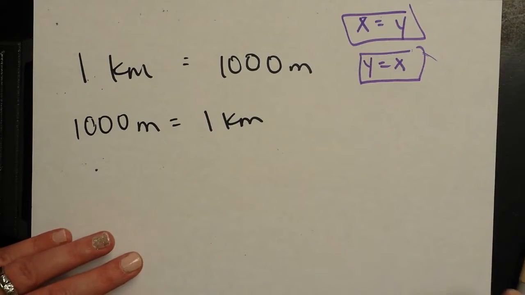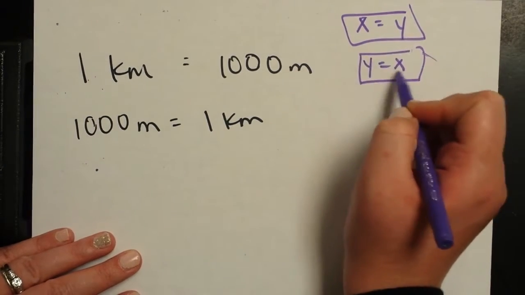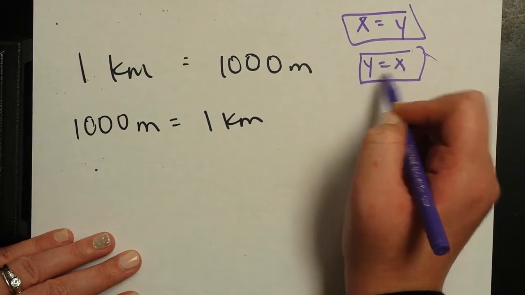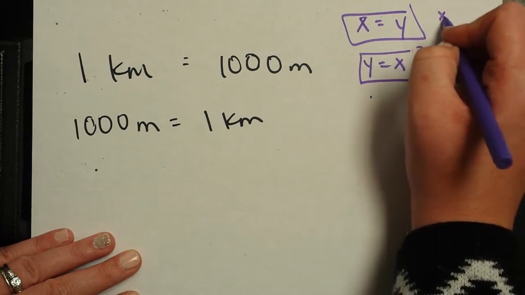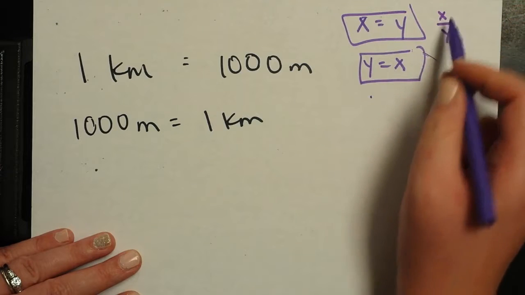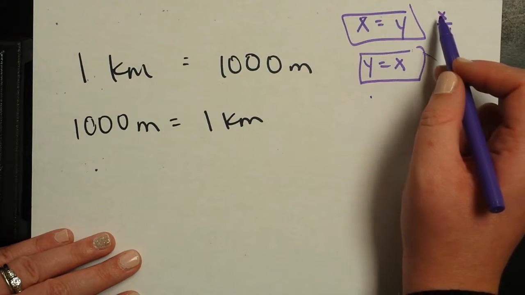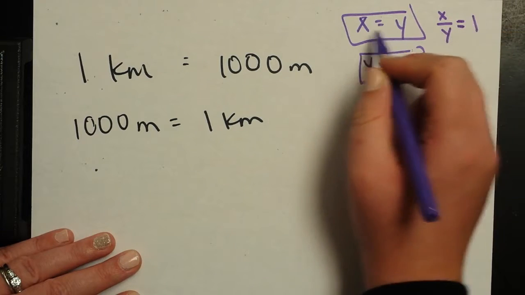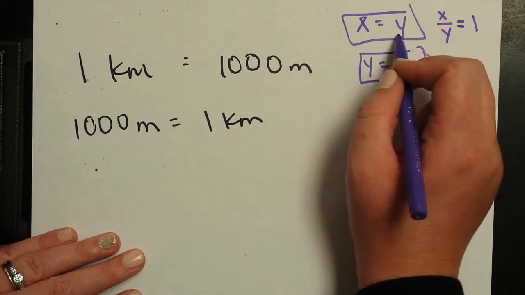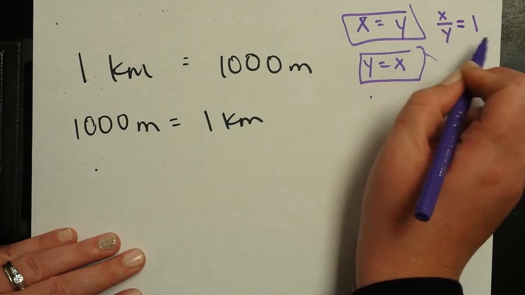Okay? Well, what if these are the two same things, right? So y is x, x is y. What if I took x and divided it by y? If these two terms have the same value or magnitude, then that would be equal to 1. So if x is 2 and y is 2, then 2 over 2, or x over y, is 1.